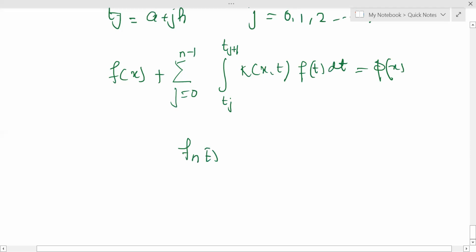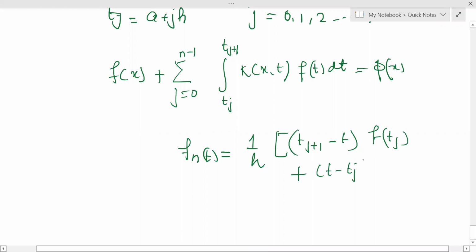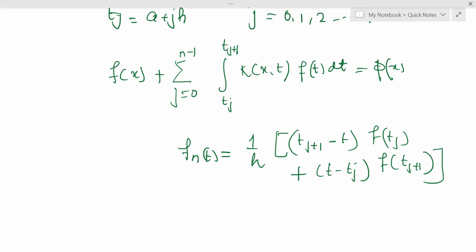That is 1 by h [(t_{j+1} minus t) into f(t_j) plus (t minus t_j) f(t_{j+1})]. This is f_n, और ये फंक्शन हम कर्नेल में डाल देंगे तो एक वैल्यू आएगा, यहाँ पे डाल देंगे.